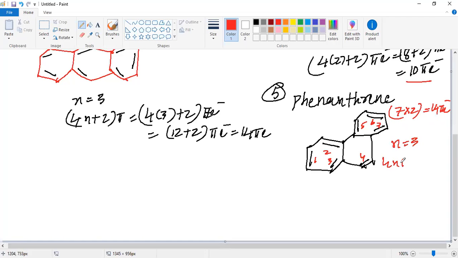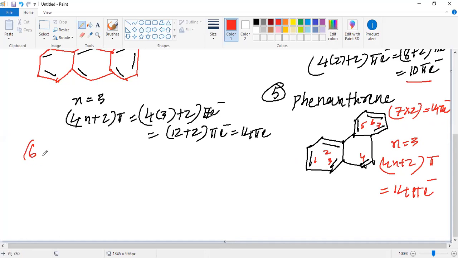So 4n plus 2 pi, that is also equal to 14 pi electrons, and we can say that phenanthrene is an aromatic compound.